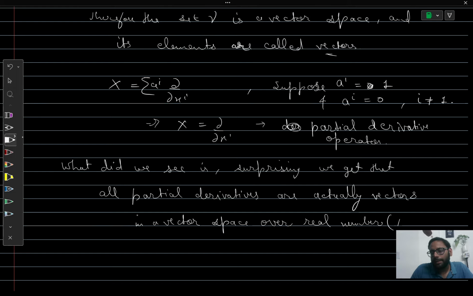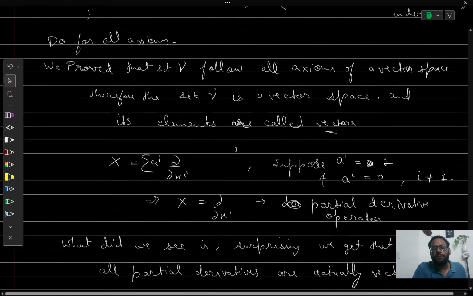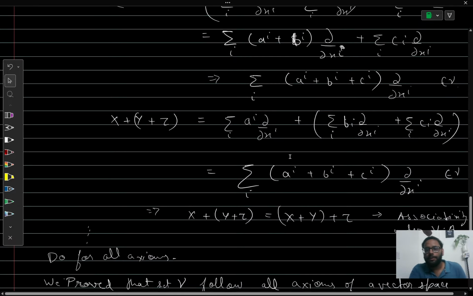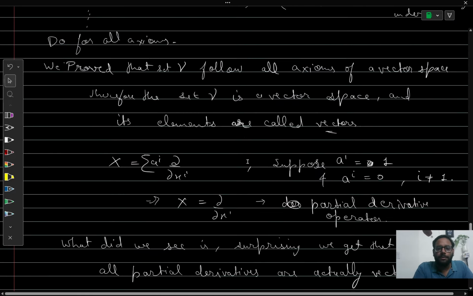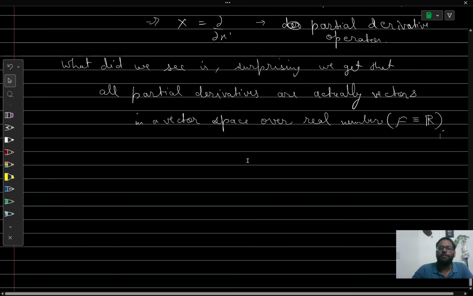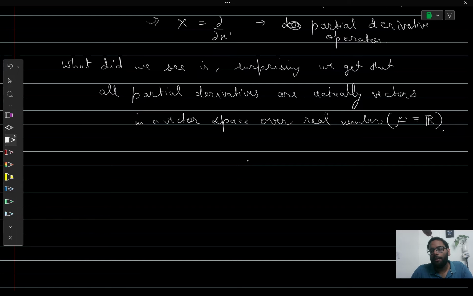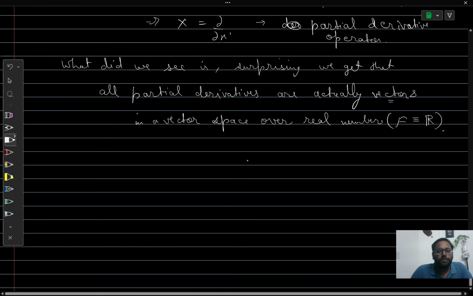That is, my field is of real numbers, then all partial derivatives. You can check that it can also be applied to a field over complex numbers. So partial derivatives are actually vectors. Okay, all partial derivatives.